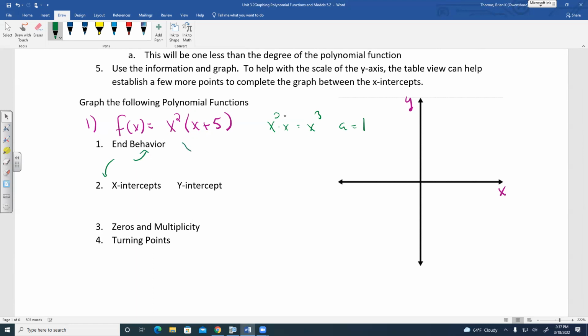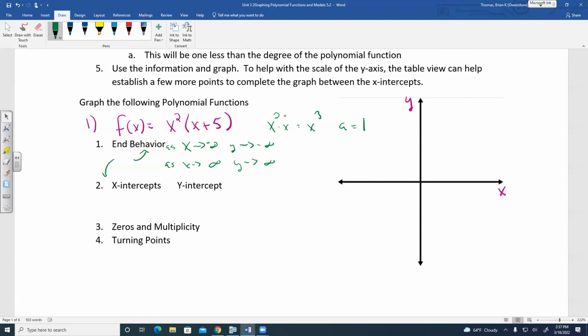So as x approaches negative infinity, y will be approaching negative infinity. In other words, as the graph goes left, the graph goes down. As x approaches infinity, the y is going to be approaching infinity. In other words, as the graph goes to the right, the graph finishes up.